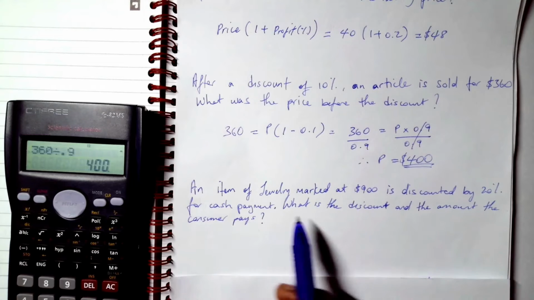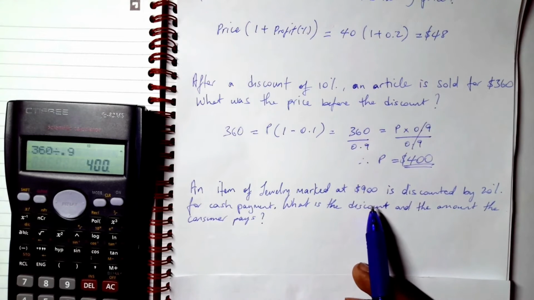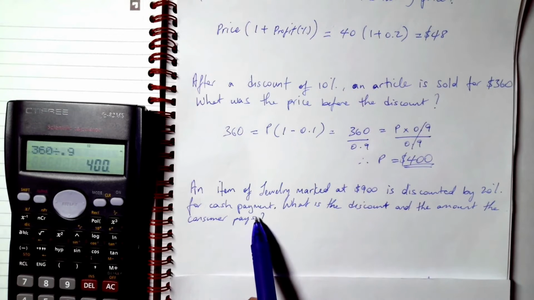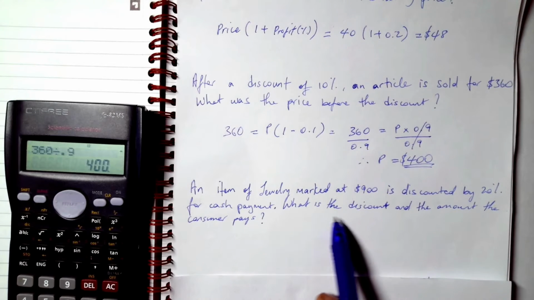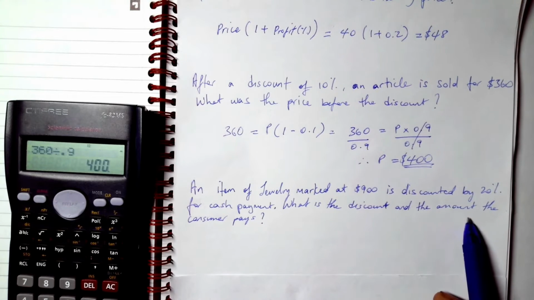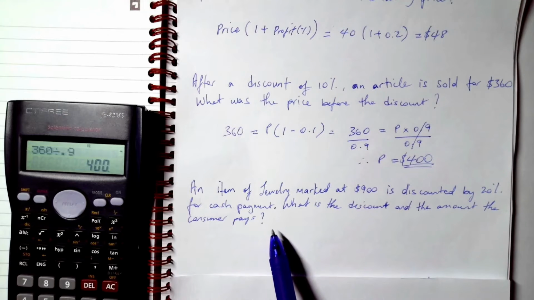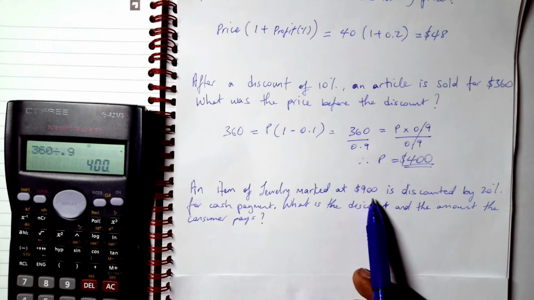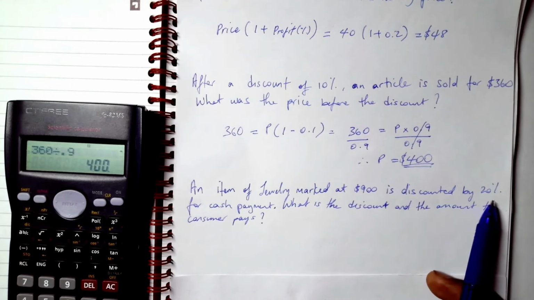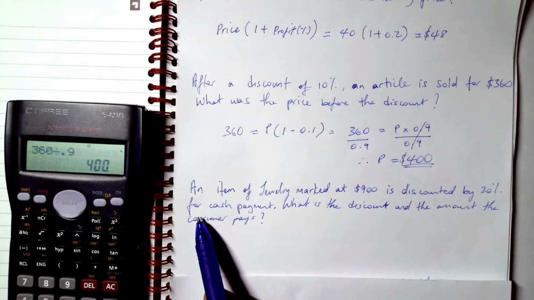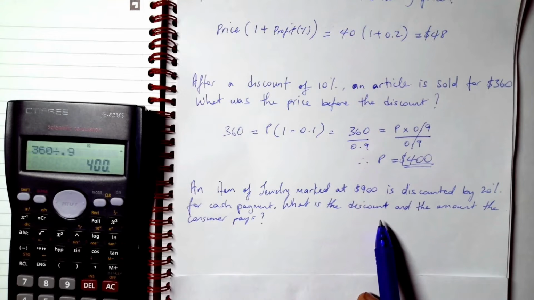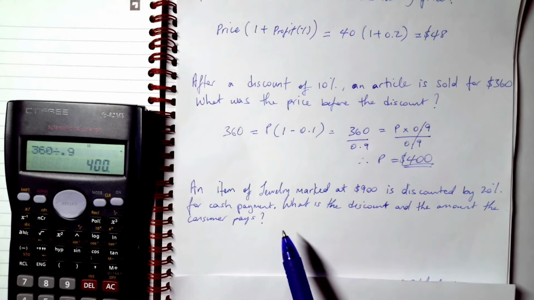An item of jewelry marked at $900 is discounted by 20% for cash payment. What is the discount and the amount the consumer pays? Let's read that one more time. An item of jewelry marked at $900 is discounted by 20% for cash payment. What is the discount and the amount the consumer must pay?